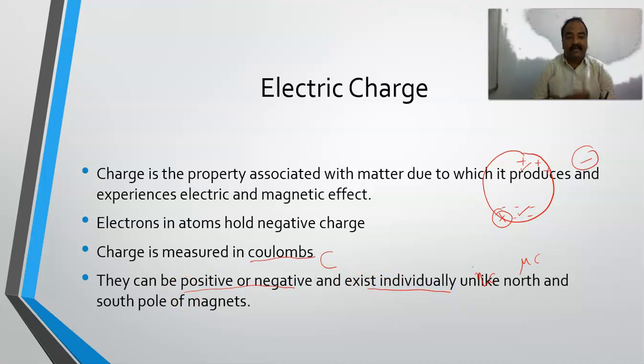In magnets you have a north pole and a south pole. Whenever there is a north pole, in the vicinity you automatically have a south pole. But electric charges, we assume, can exist individually. That means a negative charge can exist without the presence of a positive charge around it.